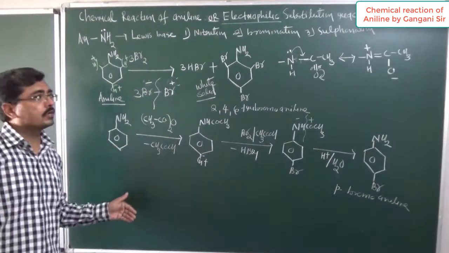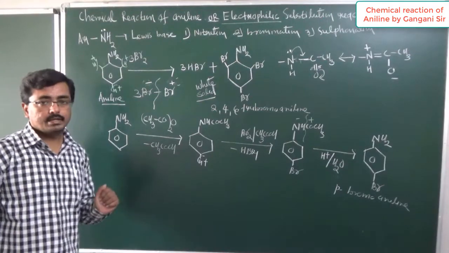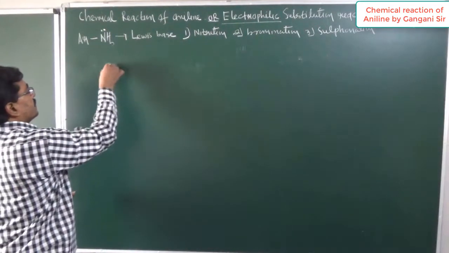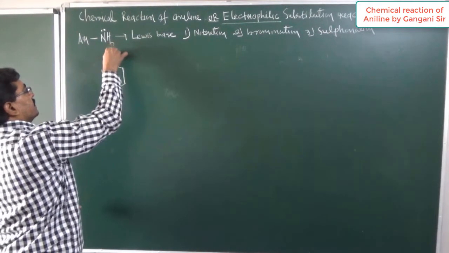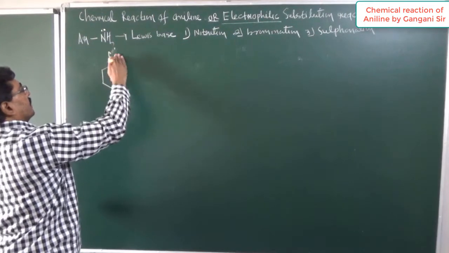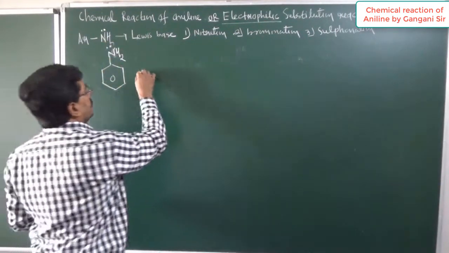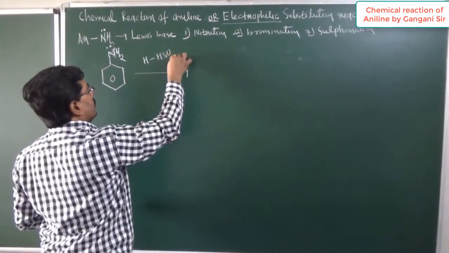Now take a screenshot of these things and we go for the next, sulfonation of aniline. Now you know that the sulfonation reaction can be carried out by using sulfuric acid. So aniline is allowed to react with sulfuric acid. Sulfuric acid means H plus and HSO4 minus.